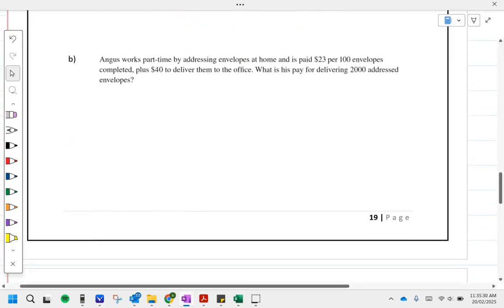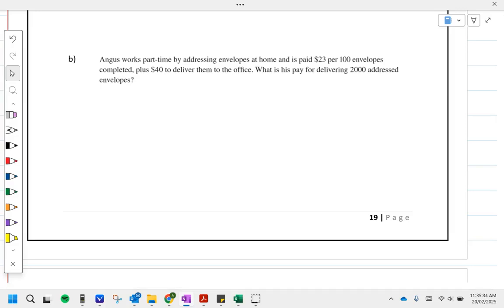Angus works part-time by addressing envelopes at home and is paid $23 per 100 envelopes completed, plus $40 to deliver them to the office. What is his pay for delivering 2,000 addressed envelopes? So because he gets paid $23 for every 100, we need to divide the 2,000 by 100.